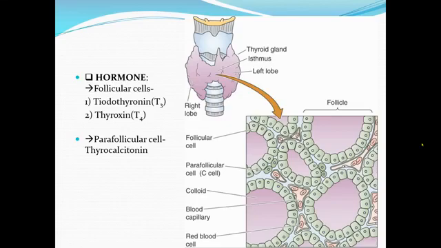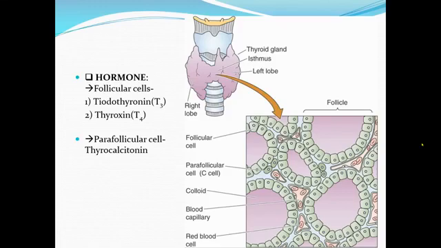Thyroid hormone synthesis depends upon the external environment for raw materials, and that is the difference between the thyroid gland and other endocrine glands.